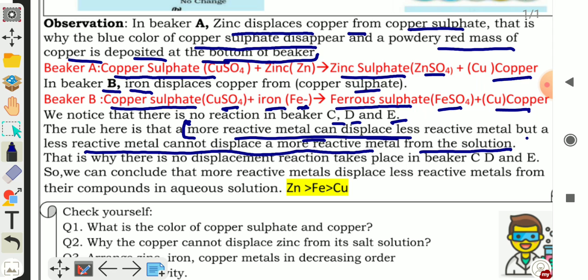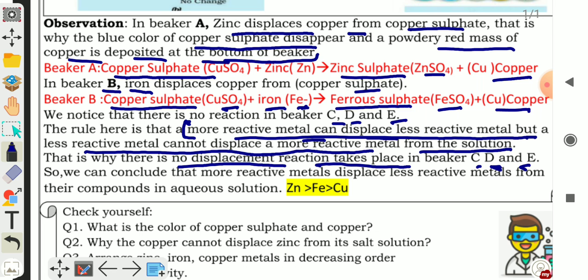That is why there is no displacement reaction in beaker C, D and E.